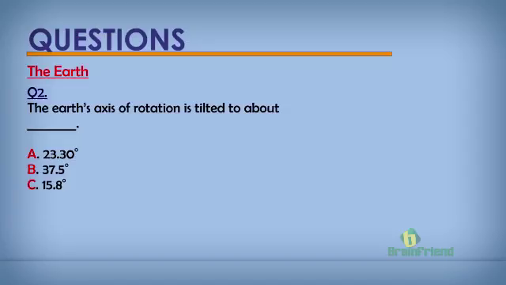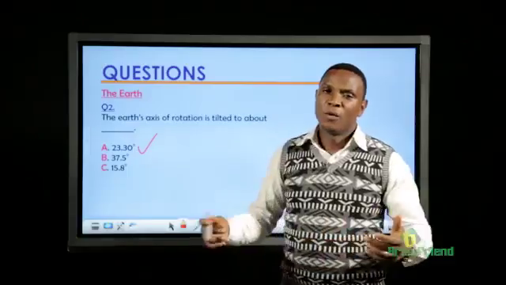The Earth's axis of rotation is tilted to about option A, 23.30 degrees, option B, 37.5 degrees, and option C, 15.8 degrees. The correct answer is 23.30 degrees.